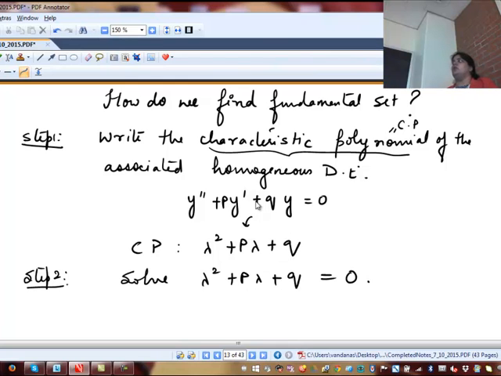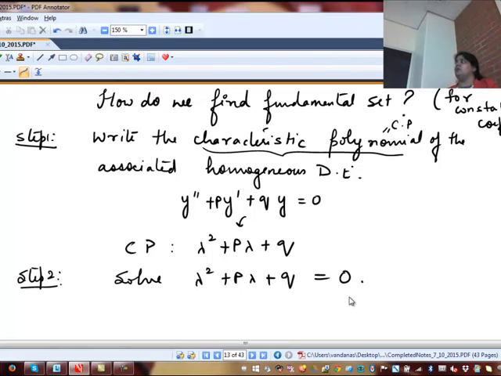But if you do not have constant coefficient, we will learn next time how we will proceed for the fundamental set. So this is for constant coefficient. We are addressing this question for constant coefficient DE only.